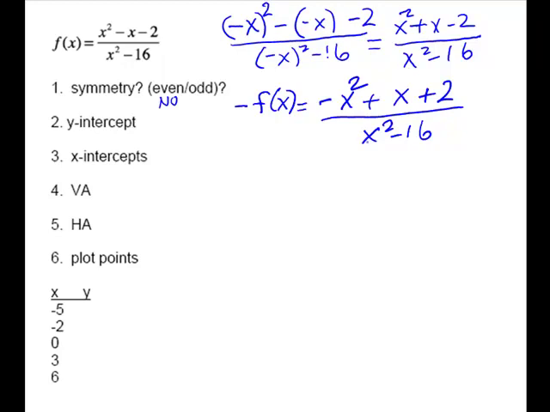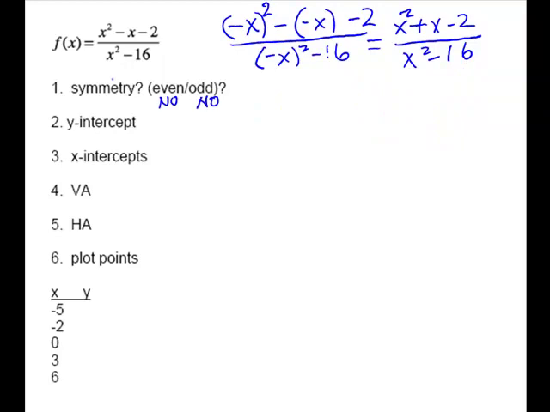And this is not the same. So this is the opposite of this one, and we did not get the opposite either. So it has no symmetry. But we did the step.